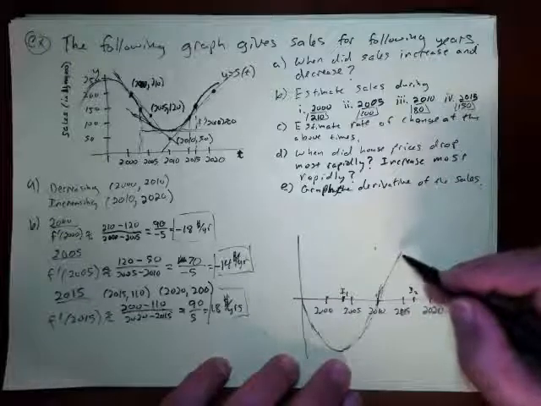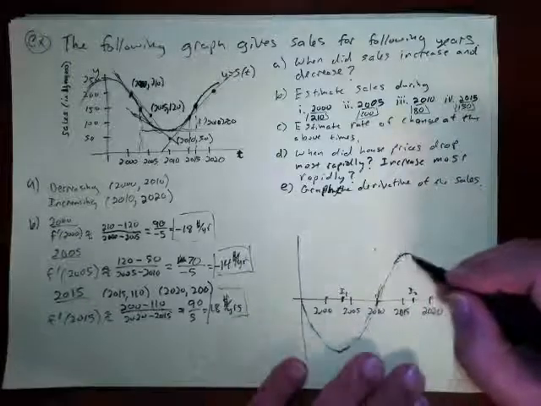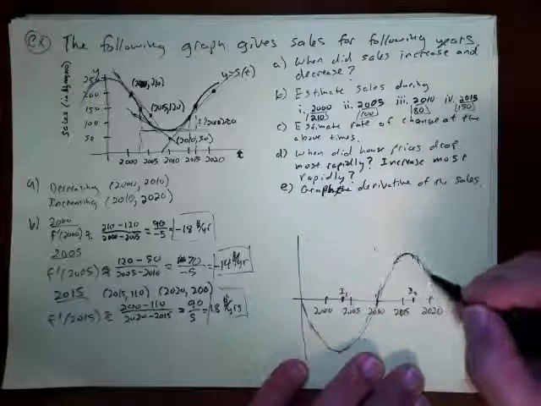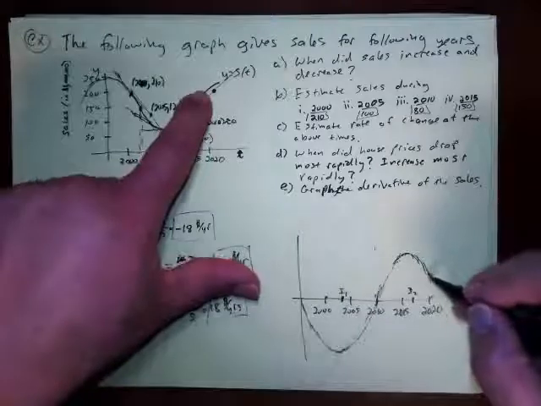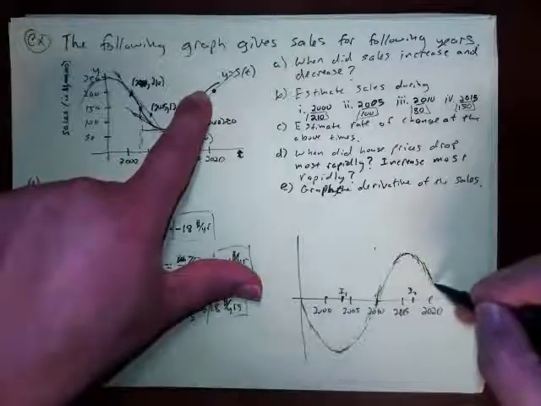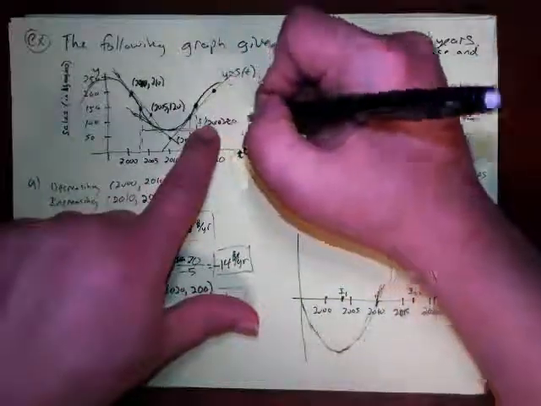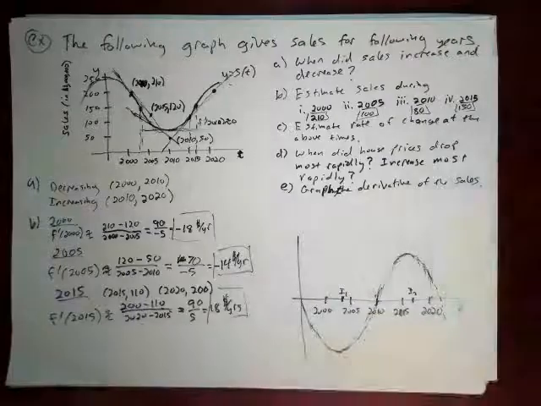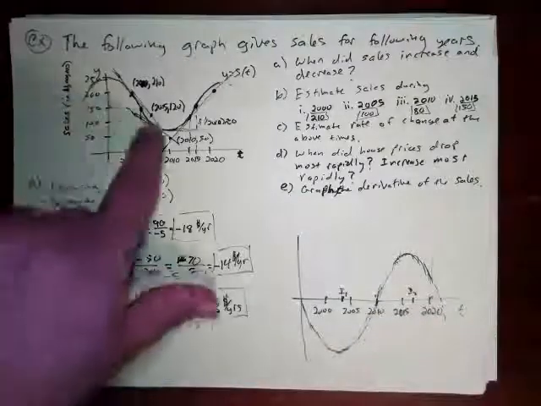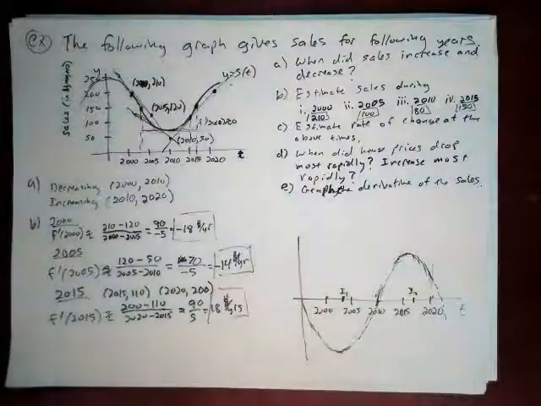Then it reaches a maximum positive rate of change, and then it goes down. Here at 2020 it's still positive, so it's not 0 yet, but if you kept going, it probably would make a turn and might be 0. We just don't know what's going to happen after this mark. So the derivative for this would look like that.